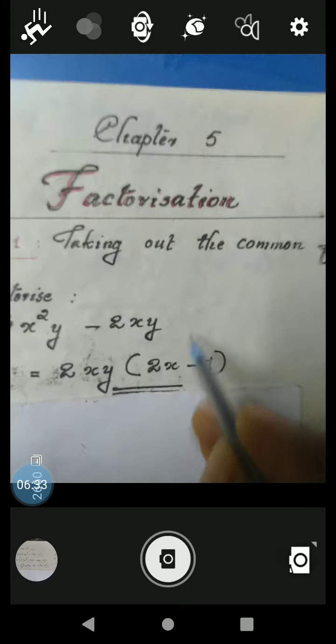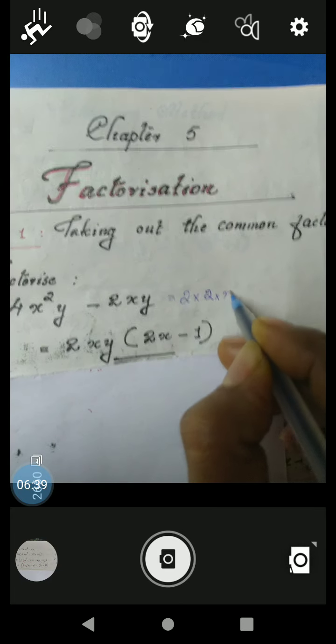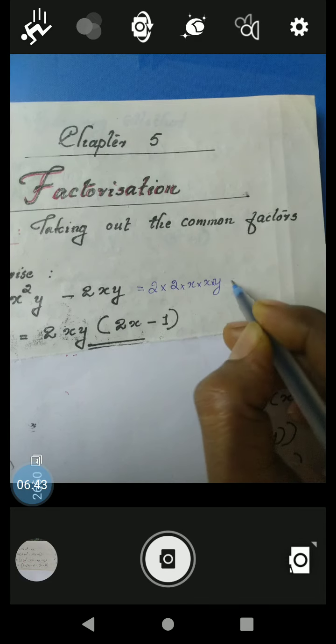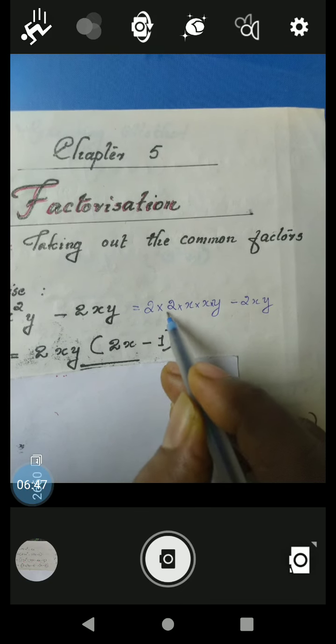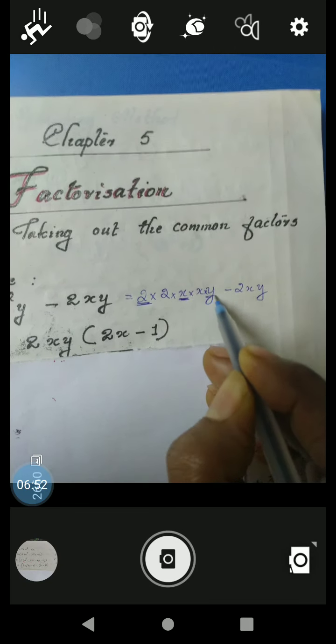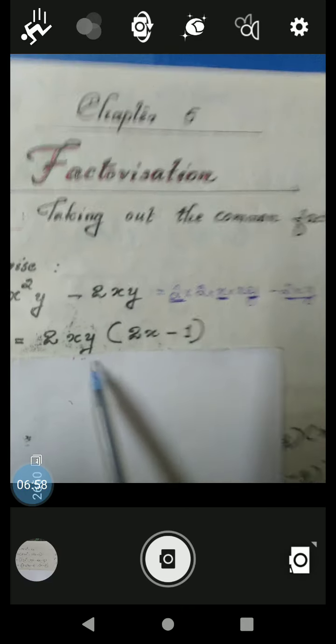Look, when we take 2xy outside, you can write this expression as 2xy into (...) minus 2xy. These things have to be taken outside.